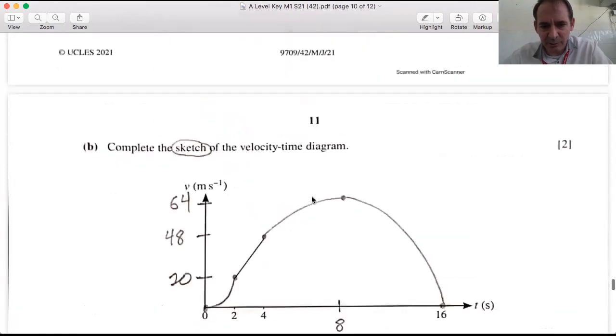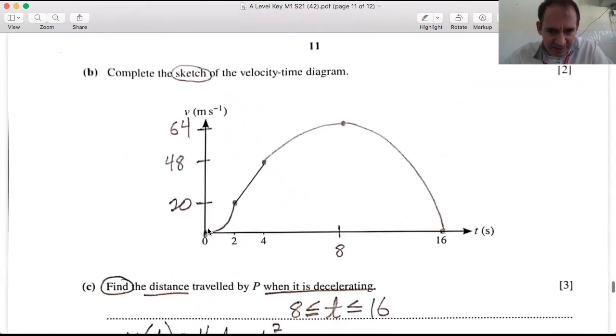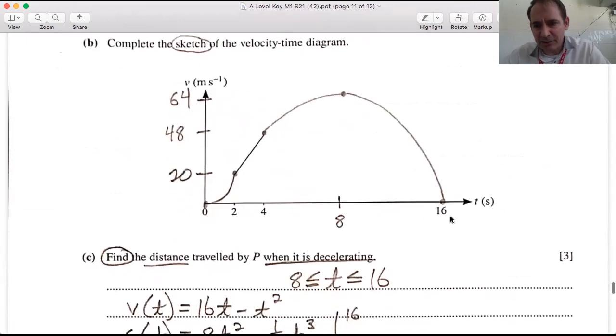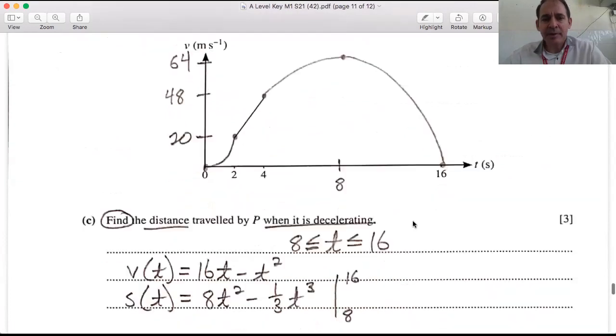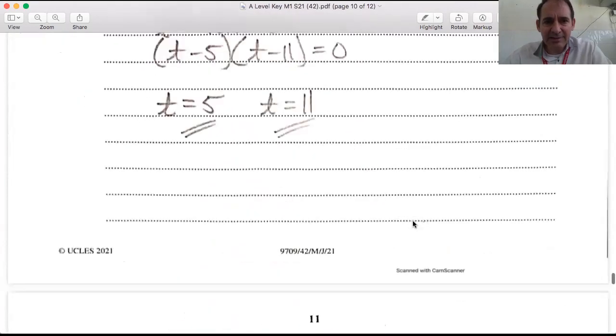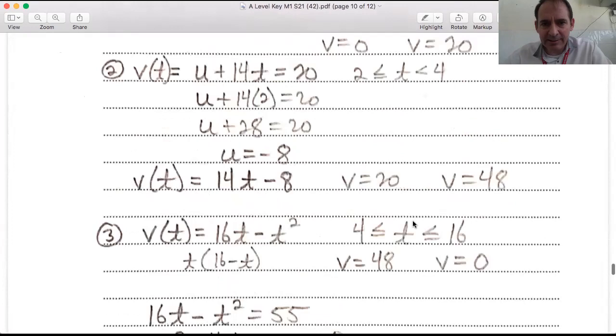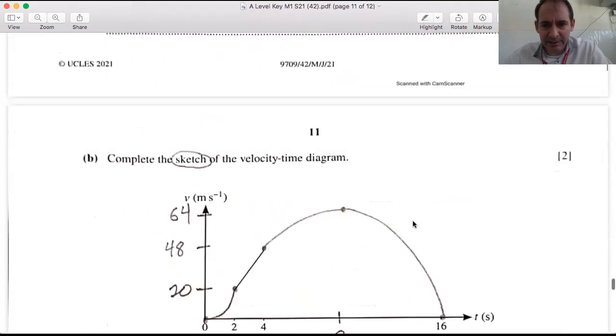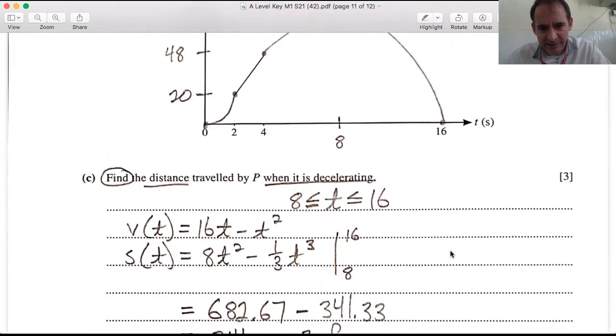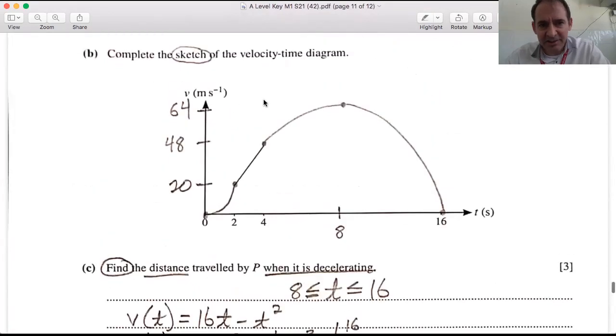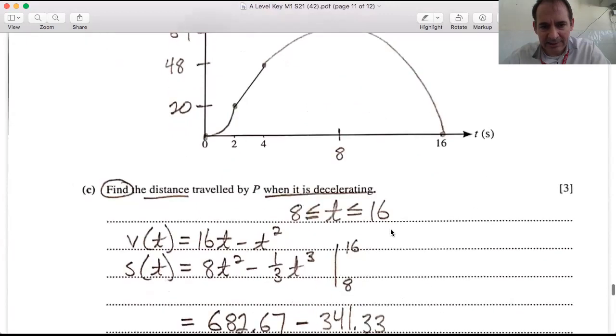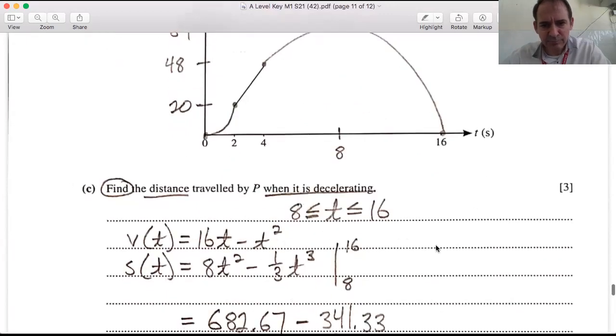So even though this continues down to 0, we don't need to draw that part. We only draw this part. So halfway between 0 and 16 is 8. You plug 8 in, and you get 64 meters per second is your maximum when you plug 8 into this right here.